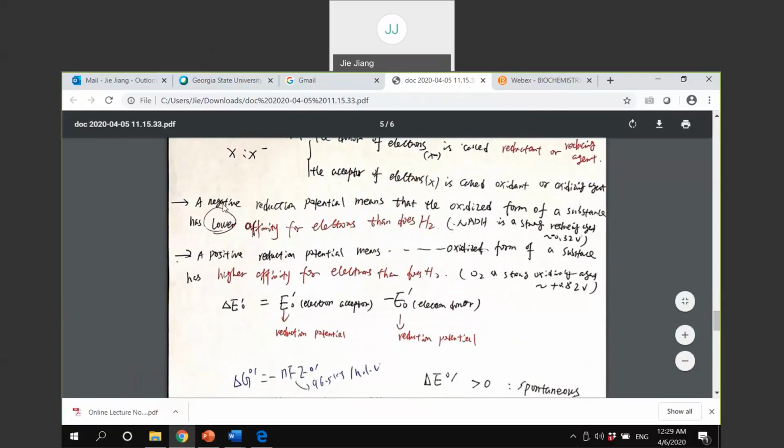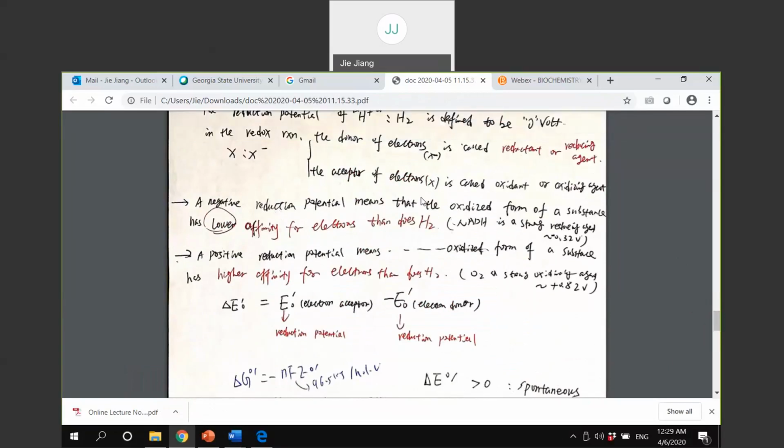Another thing you need to know here: the negative reduction potential, like I showed in table 18.1, means that the oxidized form of a substance has lower affinity for electrons compared to the standard hydrogen.